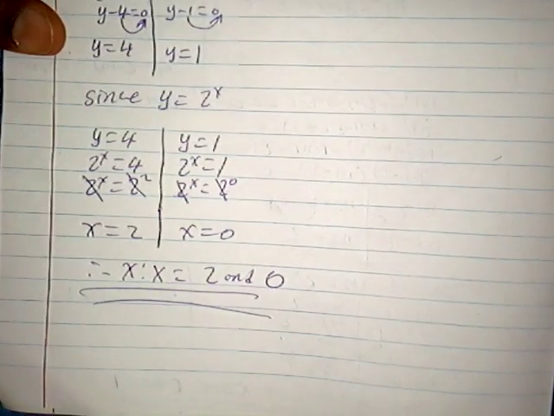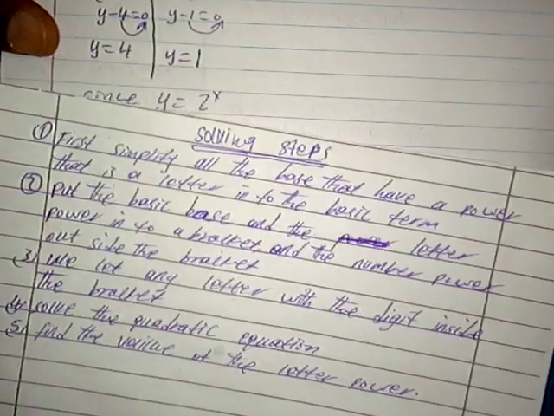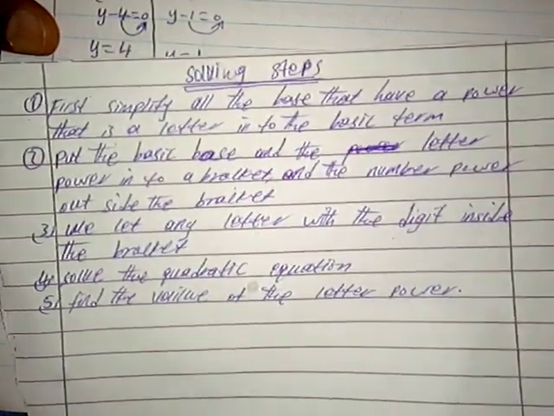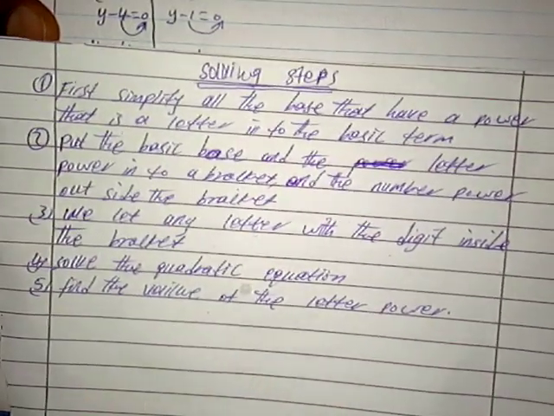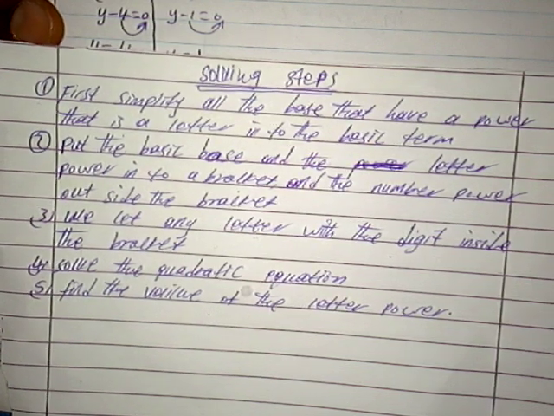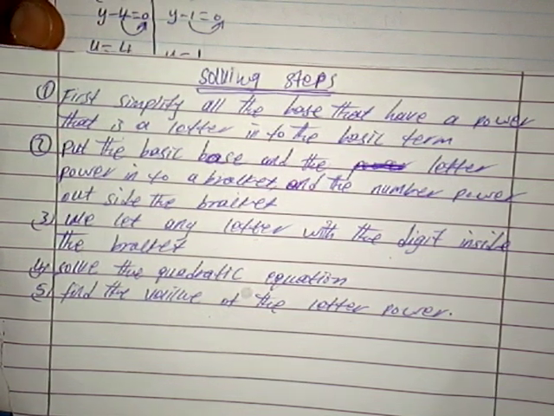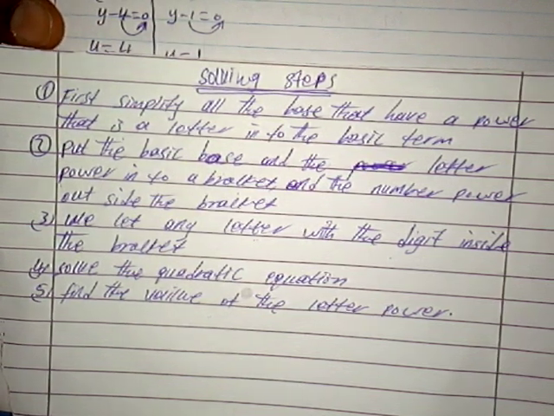This is your value. Good. Please pay attention to these steps. Focus on them. Try to understand them. If you understand them, exponential equations leading to quadratic equations will be very simple for you.